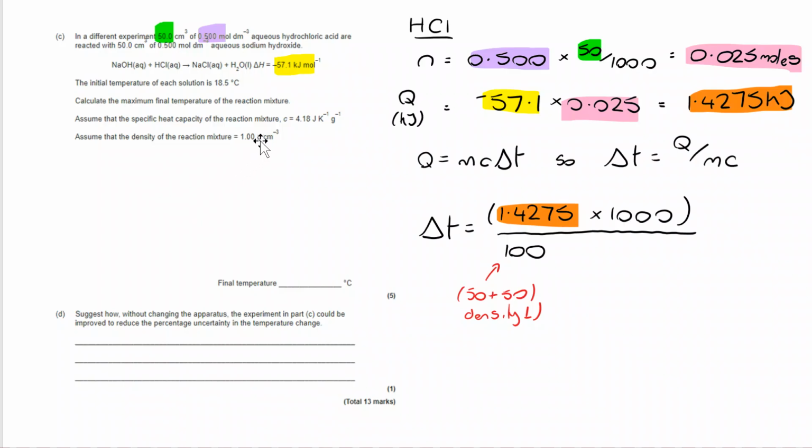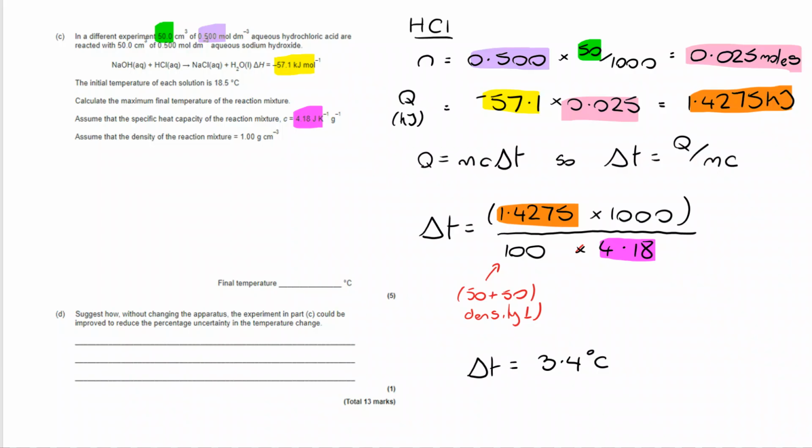Assuming a density of 1, that means the mass of the surroundings is 100 grams. And I'm multiplying that by specific heat capacity that will always be given. That's 4.18. Once I've done all of that, I've got my delta T value. T has gone up by 3.4 degrees C.